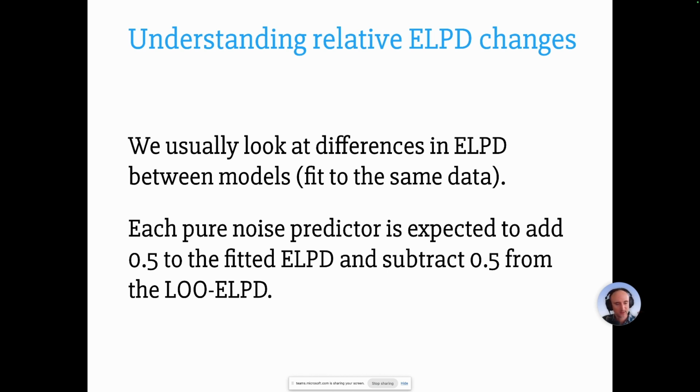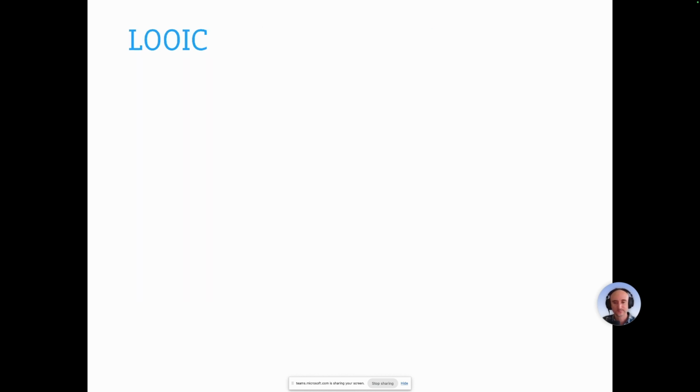So if we fit to all the data and calculate our log score, as it's more technically called, we would expect to add 0.5 to that log score. But if we did it with leave one out data, we would expect adding a noisy predictor that has no relation to the response to subtract 0.5. So that lets us scale our expectations. We'll see an example in the code of how this works out almost exactly. It's quite amazing.